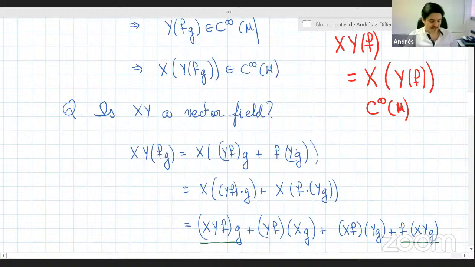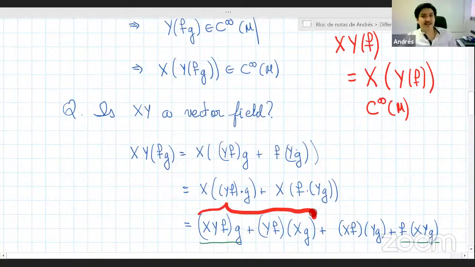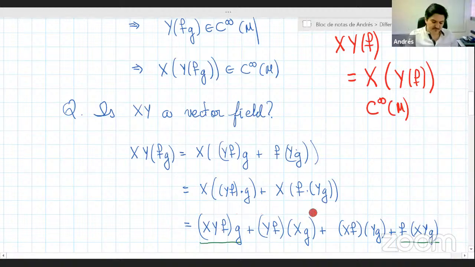The first part is only this. X is a derivation, and I have it like that. The second part, again, X is a derivation, but now applied to a distinct product of functions. Okay? A derivation, you have here Xf, and then f alone.